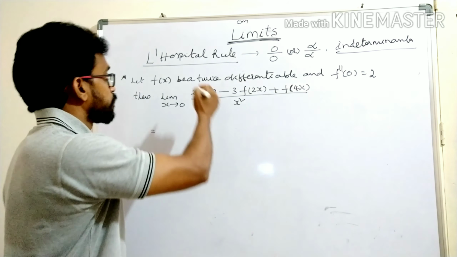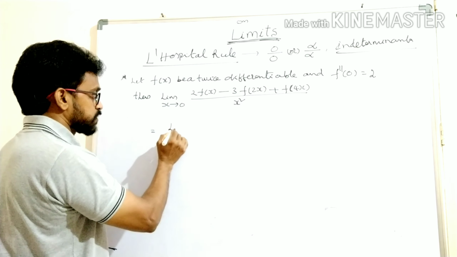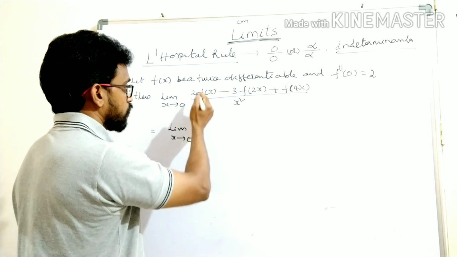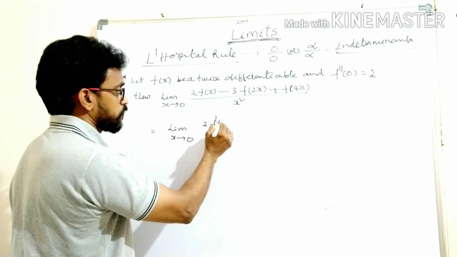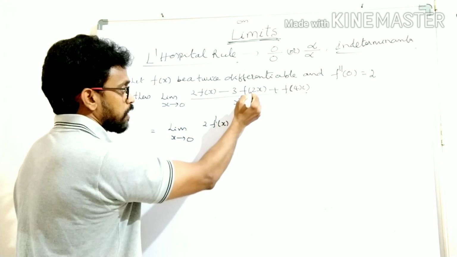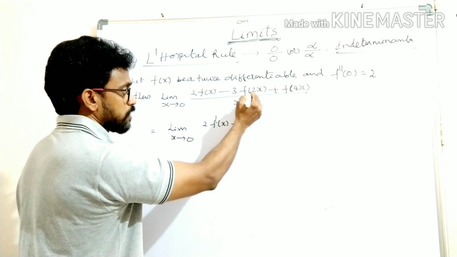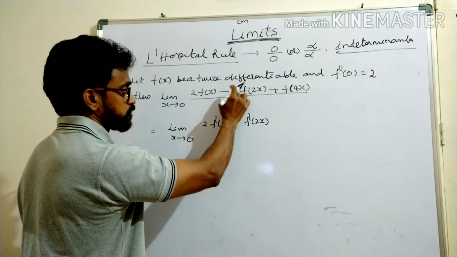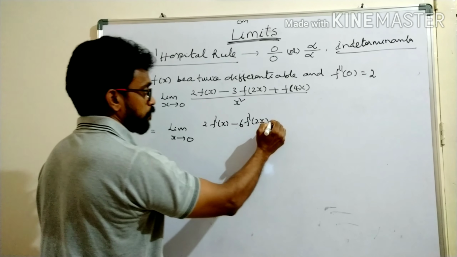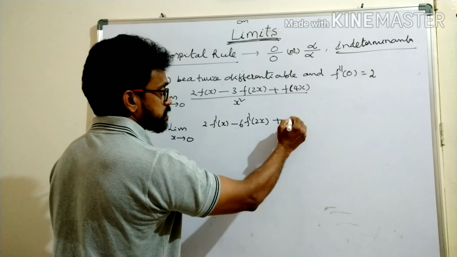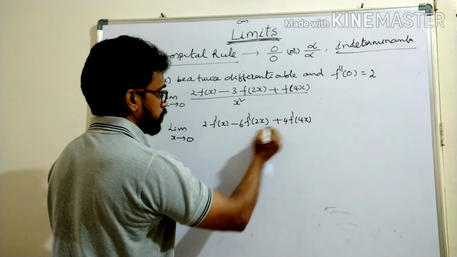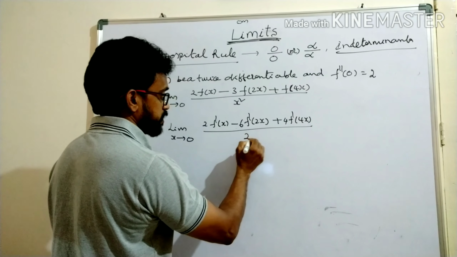That's why we should apply L'Hospital's rule, that is, differentiate the numerator and denominator separately. What happens? 2 into f dash of x minus f dash of 2x, and the derivative of 2x is 2. 3 into 2, 6, plus f dash of 4x, and the derivative of 4x is 4, divided by 2x.